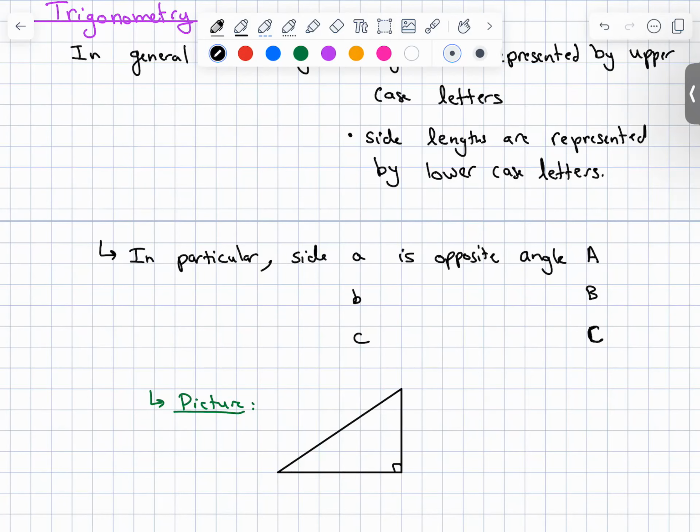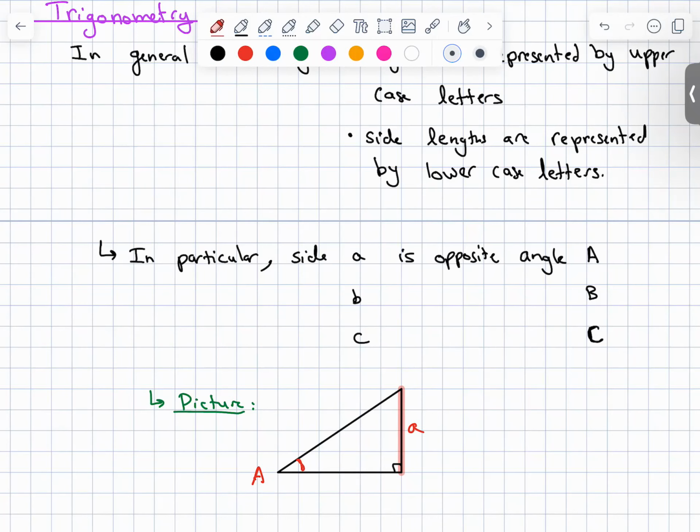I'm going to label this a capital A, in red. That's the angle there. And then I'm going to highlight the opposite side in red. That is lowercase a, the side length a that is opposite angle A.